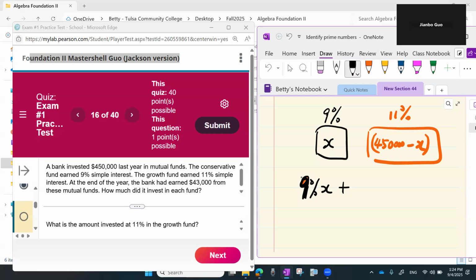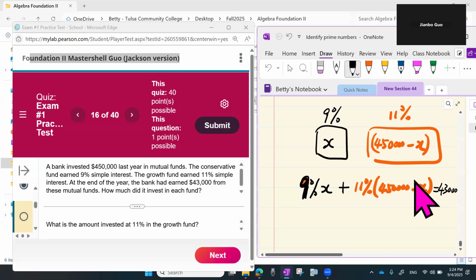Always, for the second account, the interest rate times the dollar amount, 450,000 minus X. And the red part is the annual interest from the second account. Together, we have 43,000 from both. Yeah, $43,000. That's the interest from both.